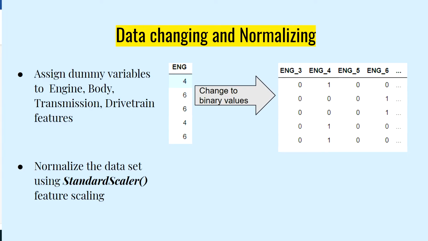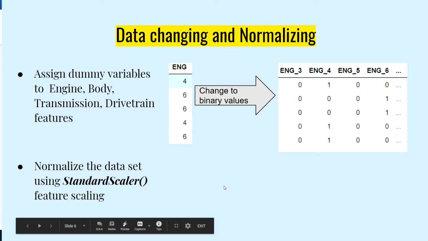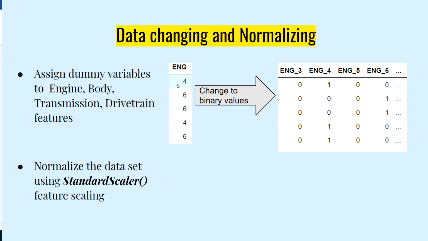After data cleaning, I decided to introduce dummy variables for features like engine, body, and others. For example, if the engine has 4 cylinders, the dummy variables would look like binary code, like 000100, and each column will have that value.